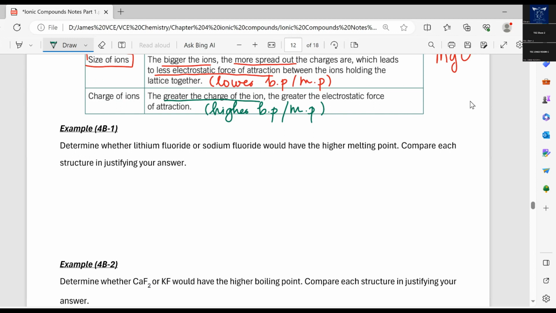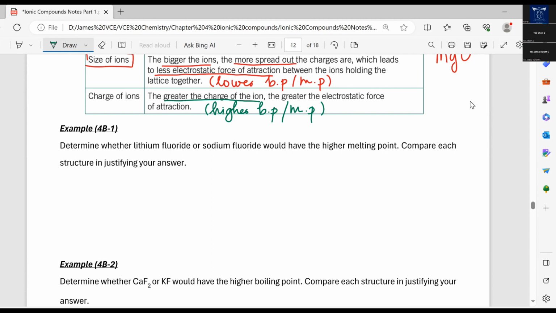Anyone able to give me an answer? Daniel? Which one do you think is going to have a larger force of attraction? Lithium and sodium, which one is a smaller atom? Obviously, sodium is below lithium. Definitely, sodium is a larger atom, with one more shell, right?